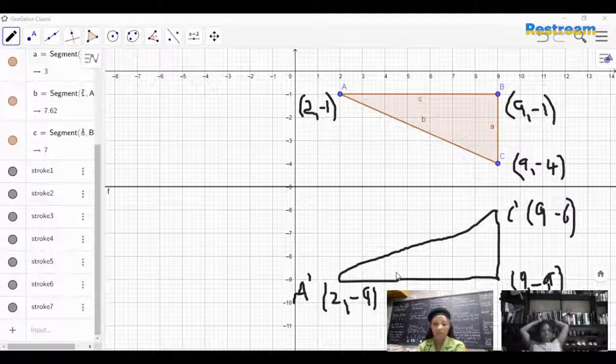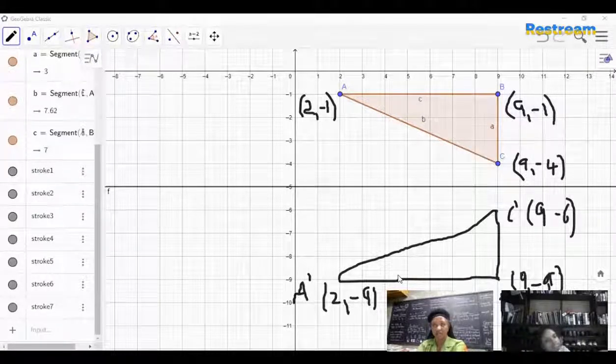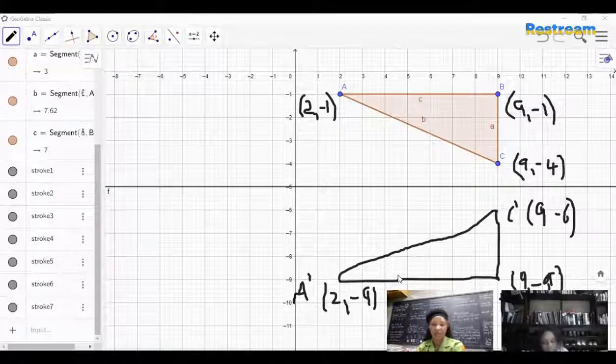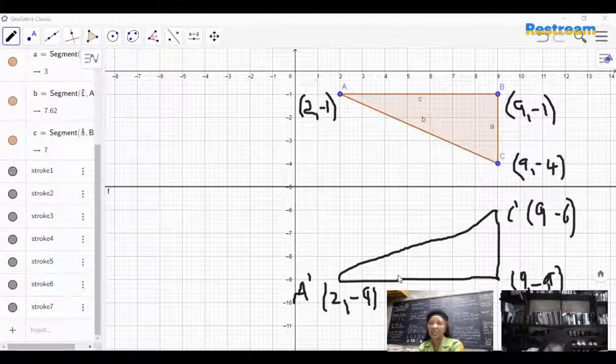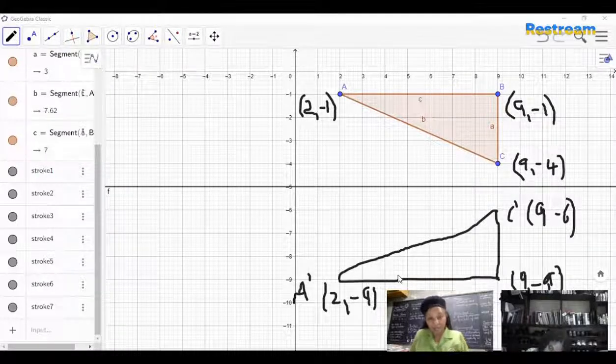So we're going to do rotation next, and then enlargement, and then translation. These are transformations, right?